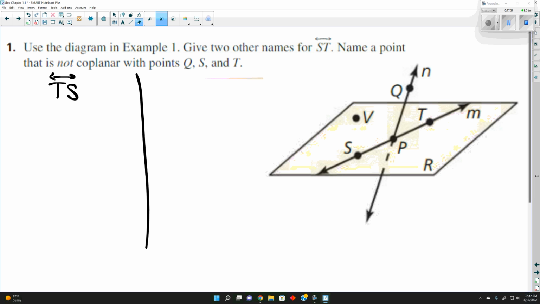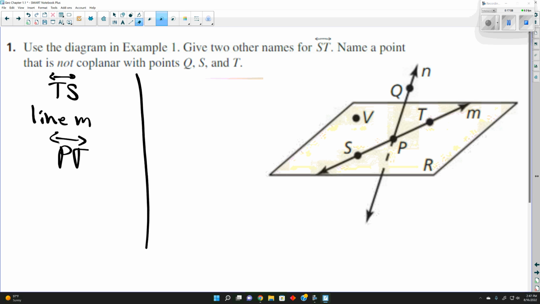What else would work? Line M. And whenever we use the lowercase letter at one of the 2 arrows, we want to put line with it just to specify that we are talking about a line. What's another one? Because we have a few. PT.